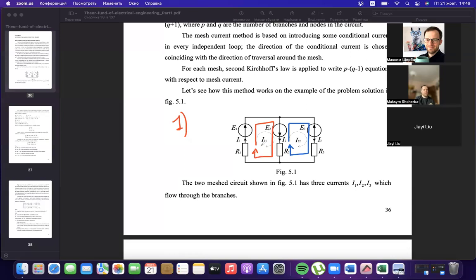First step, choosing the direction. Second step, writing the system of equations as we did previously, and from this system finding the mesh currents I11, I22. And the last step, you look for the real currents starting from the imaginary ones, the mesh currents.